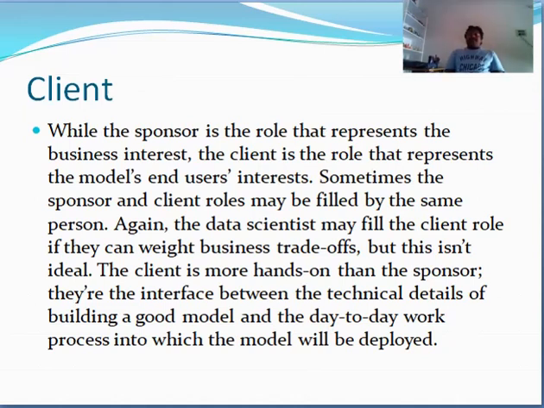These responsibilities are taken by the client.